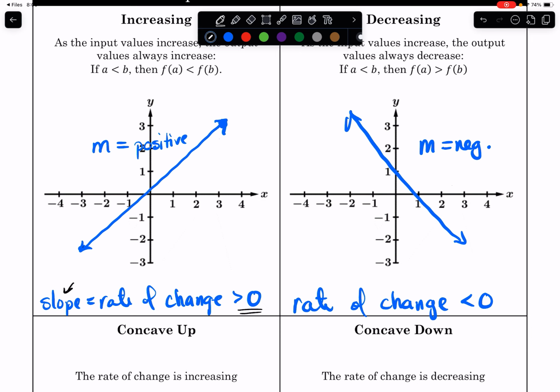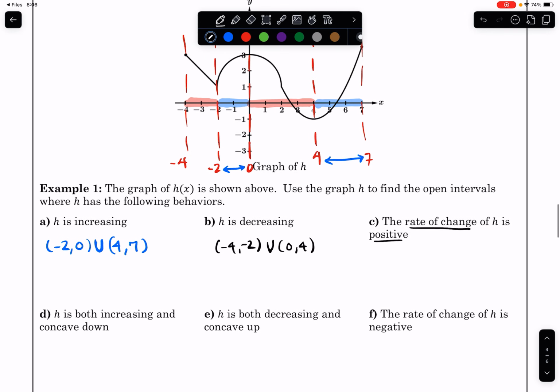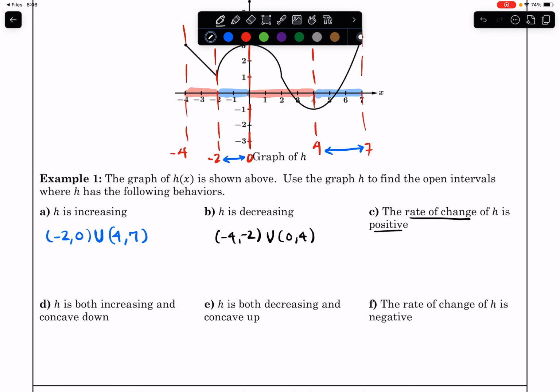So that's what this part is asking. It's basically asking, when is this increasing? So when is the rate of change of h positive is the same thing as what letter A asked. When is h increasing? And we already know the answer to that: -2 to 0 and 4 to 7.